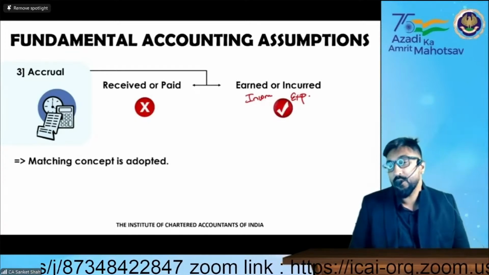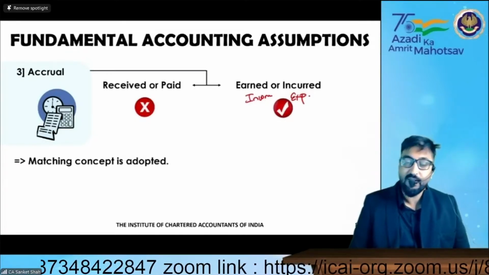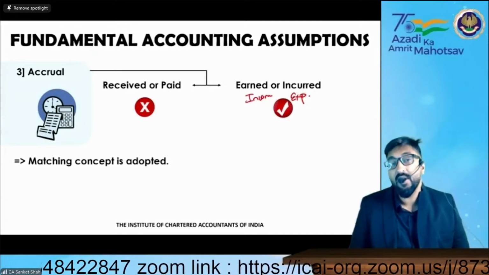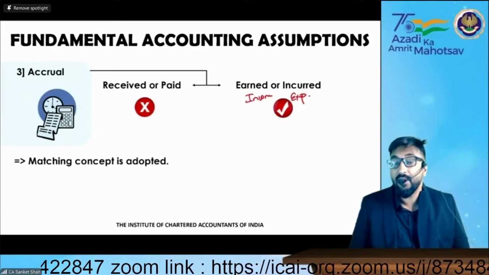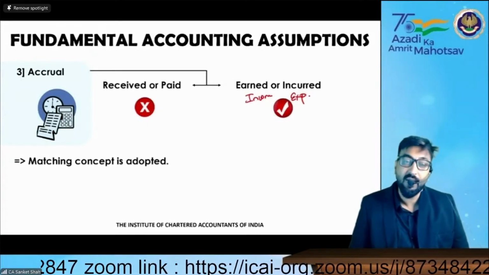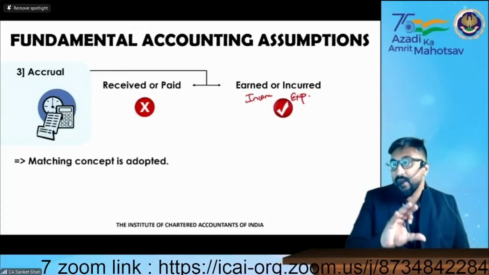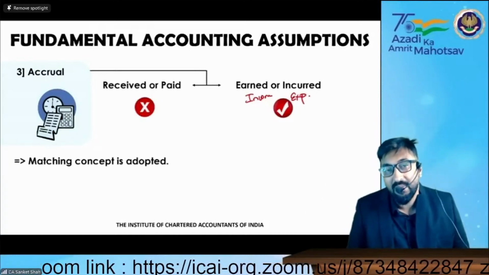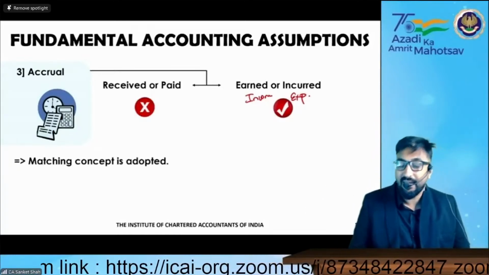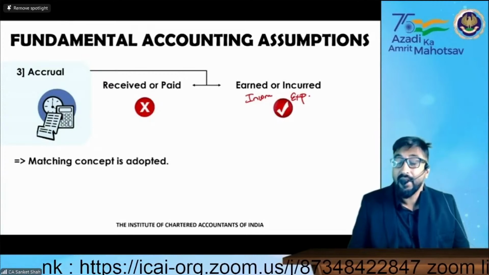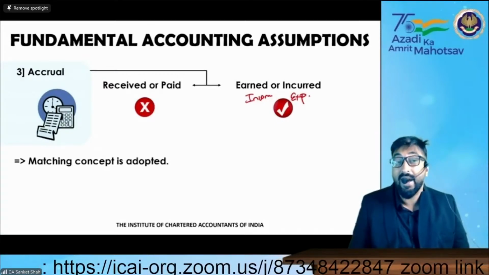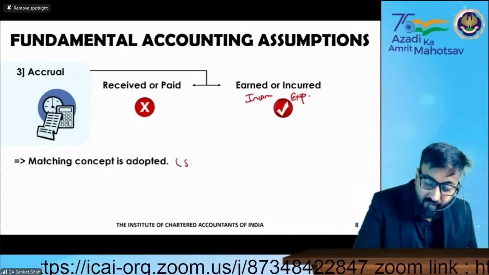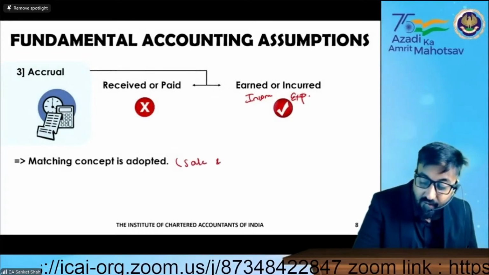Accrual concept also follows matching concept. So in the same year of sales, you will record selling expenses or advertisement expenses or commission. So for sales related to that year, you will record agent's commission, though you are paying it in the next year, but the expenditure will be recorded in the same year of sales. This is an example of matching concept.